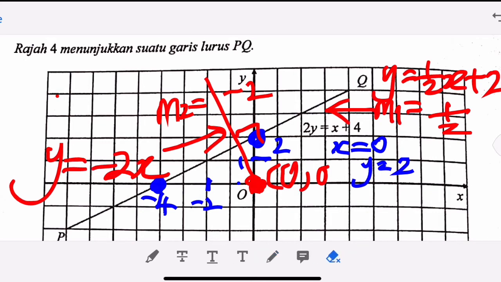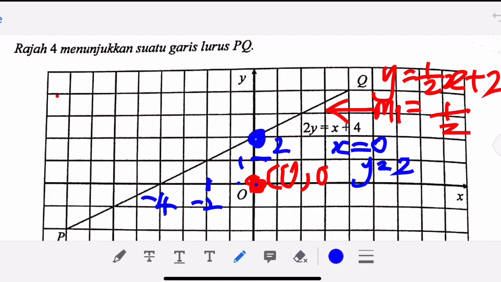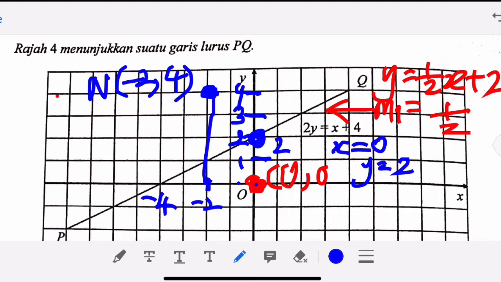Alright, let me erase. So the 1 2 3 4 and negative 2, 4, it should be here. This is a point, negative 2, 4. Alright, so that is a point.